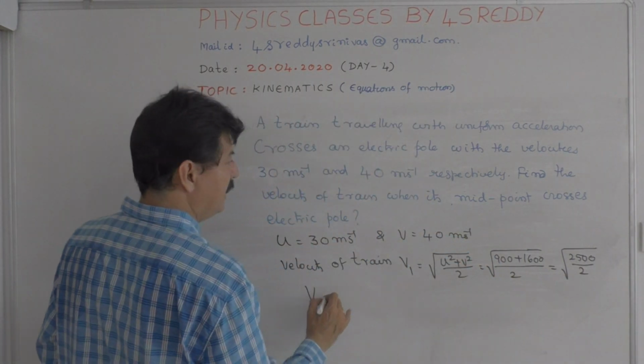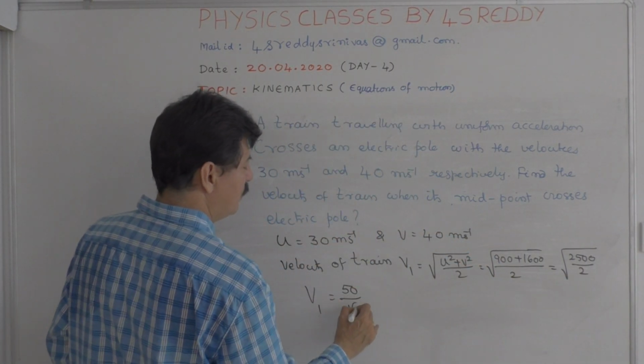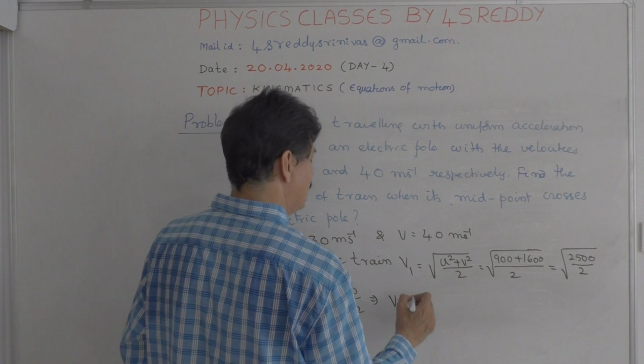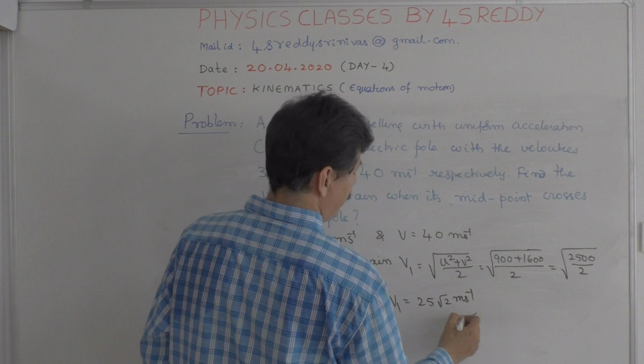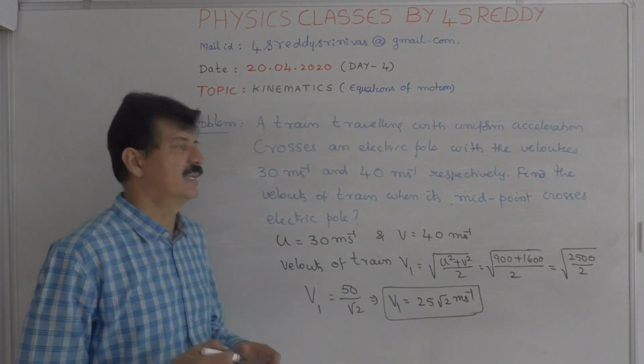Therefore v1 is 50 by root 2, which implies v1 is 25 root 2 meters per second.